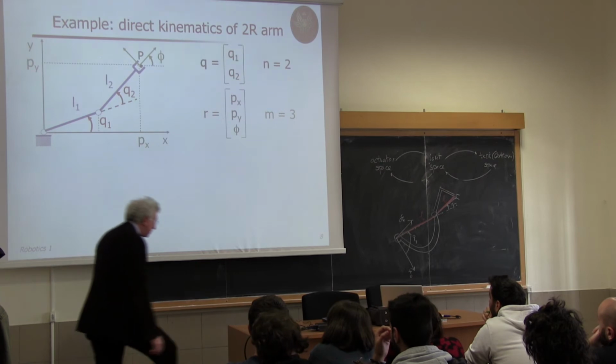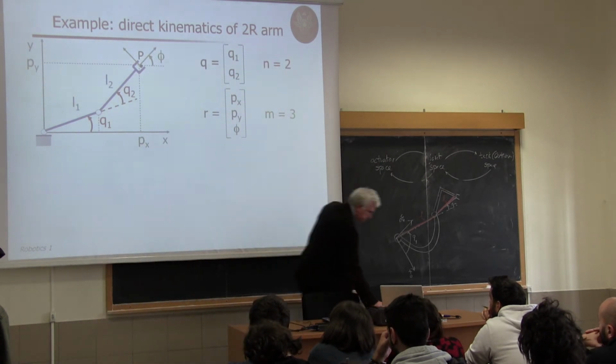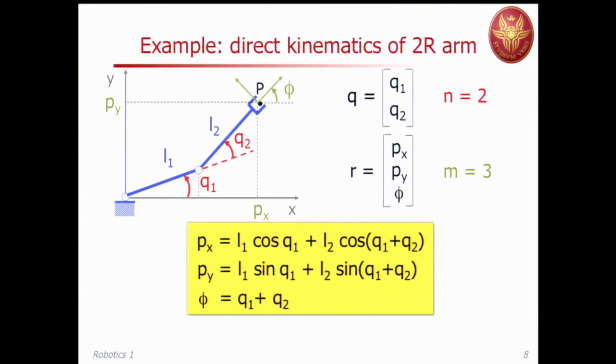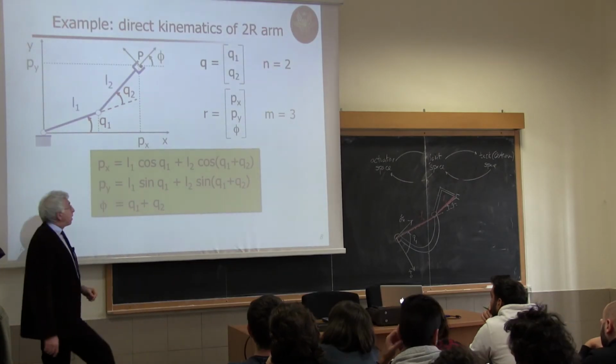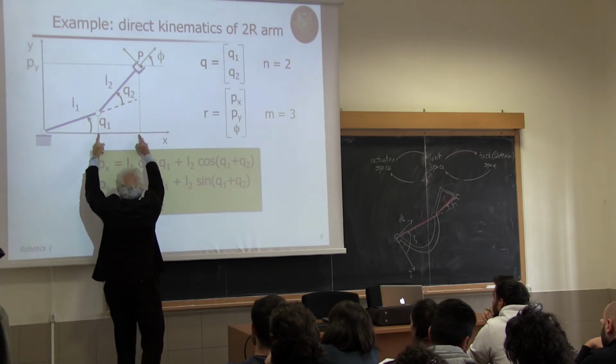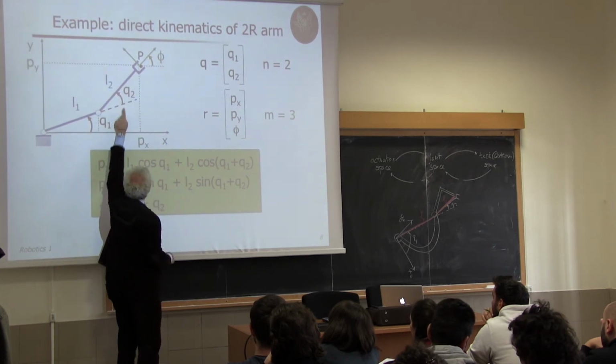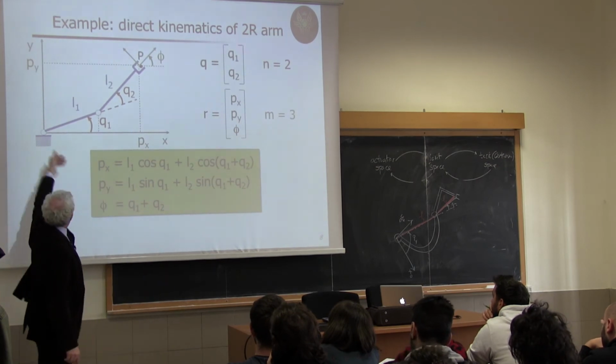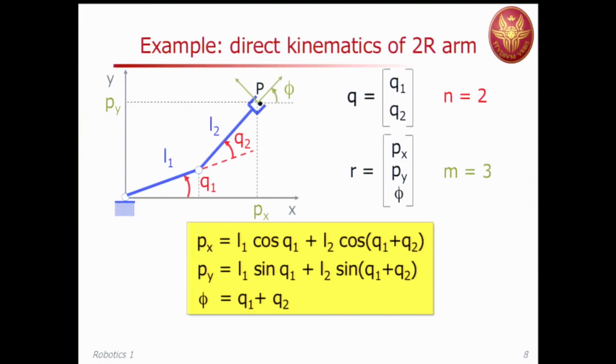Well, this is easy. Just project things on the x-axis and on the y-axis. So here Px will be this segment, which is L1 cosine of q1, plus this segment, which is L2 cosine of q1 plus q2. You see the absolute angle. Similarly, for the y-coordinate, it's just change cosines with sines.